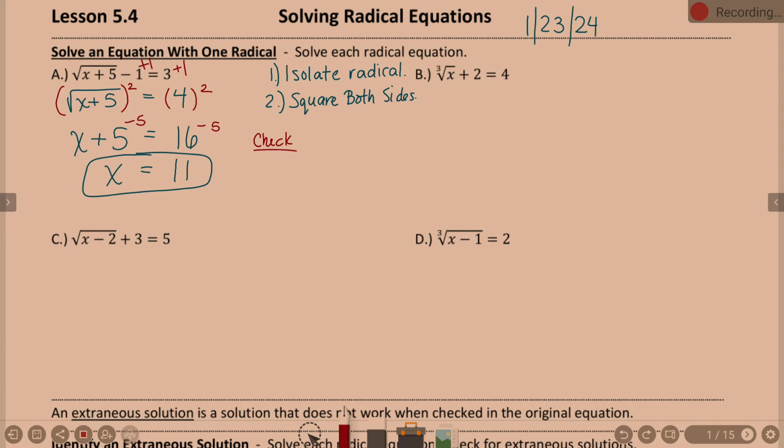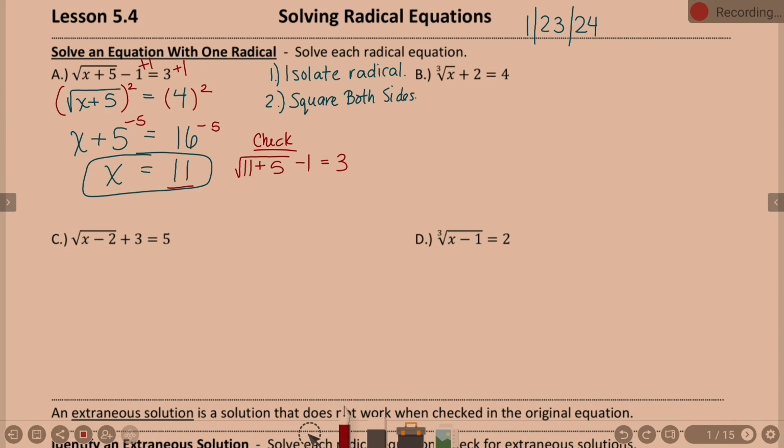In other words, if I plug 11 back in, does it work? So we came up with the answer of 11. Plug it back into the original problem before you changed anything. So then it'd be, instead of x, I'd have square root of 11 plus 5 minus 1 equals 3.